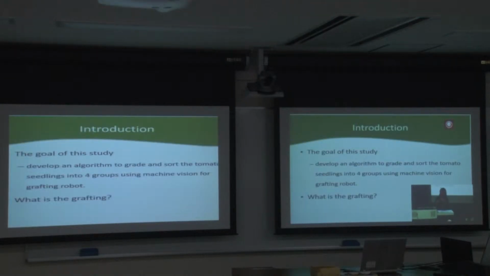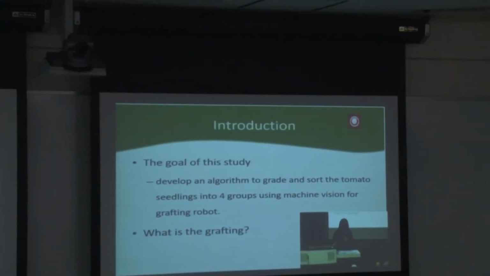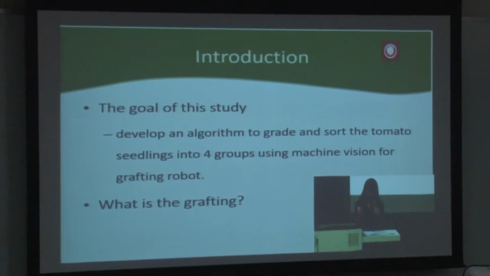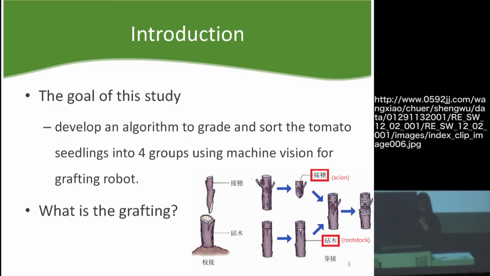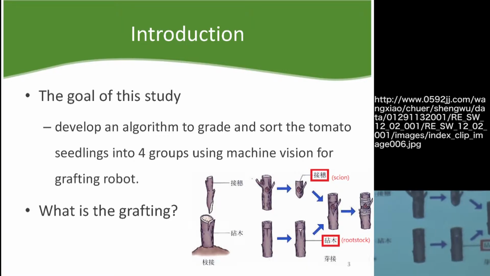First of all, what is grafting? Grafting is a method of asexual plant propagation where the tissues of the plant to be cultivated, like this picture, the scion, are encouraged to graft onto a strong, vital plant, like this rootstock, so that the scion can grow and blossom well.